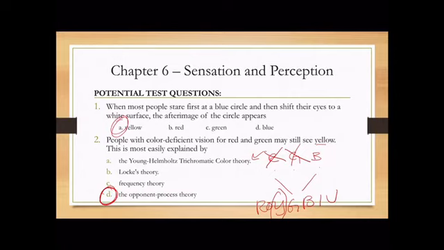Can't happen, right? So the one that explains why people can still see yellow even if both red and green are deficient is opponent process theory, because that says red and green belong to the same bipolar cell. Yellow and blue belong to the same cell, and then black and white also belong to the same cell. So we have damage to the red and green one, but that doesn't affect our yellow, blue, or our black and white.